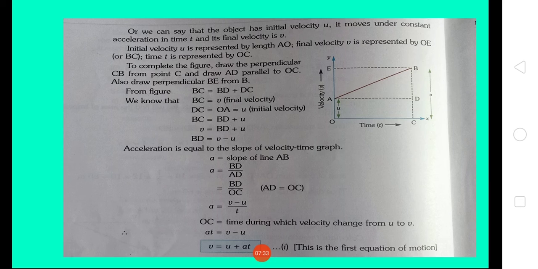And we already calculated BD is equal to V minus U. And AD is nothing but OC, which is T. So by applying it, we get A is equal to V minus U by T. Or by cross multiplying, by taking T to the other side numerator, we get AT is equal to V minus U, which is nothing but V is equal to U plus AT. And this is the first equation of motion.